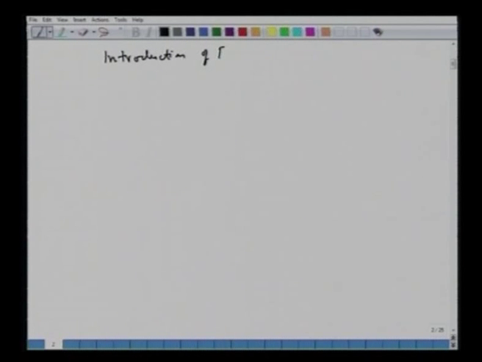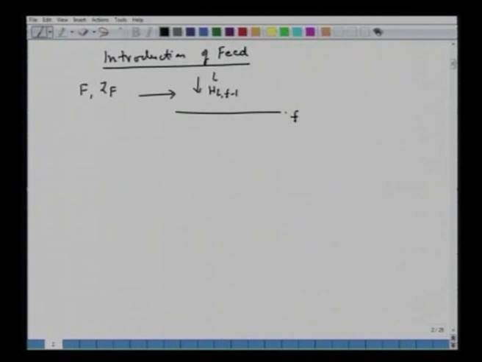Introduction of feed. We are looking at the plate at which feed enters, the feed plate. Just above this plate we have F, the molar flow rate of feed, with composition zF. We have liquid arriving from the top plates with enthalpy HL, F minus 1, where F signifies the number of the feed plate.